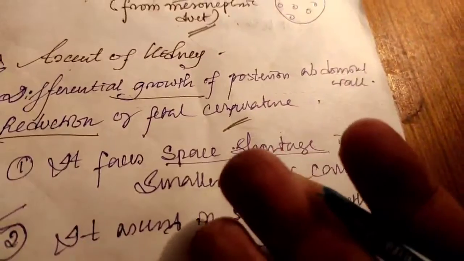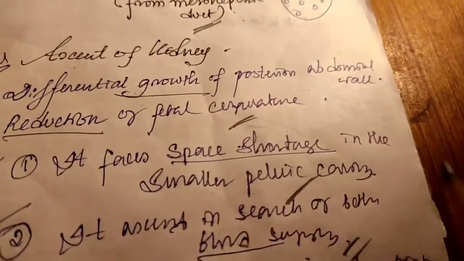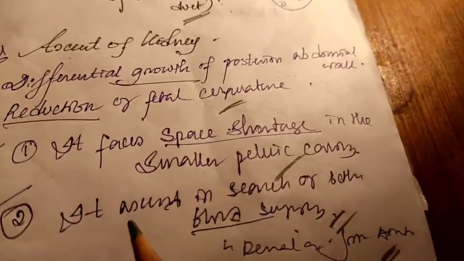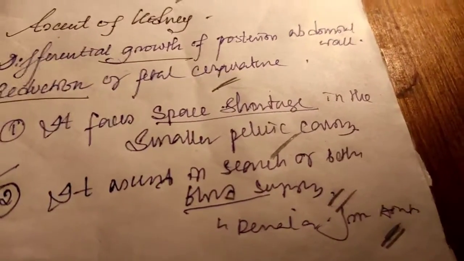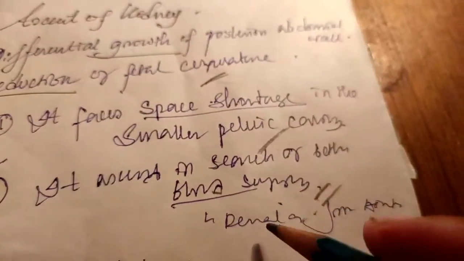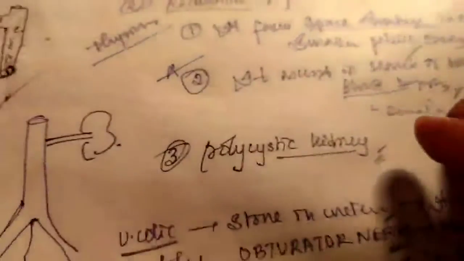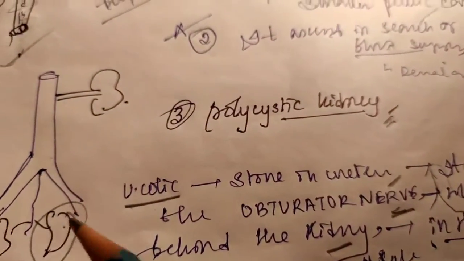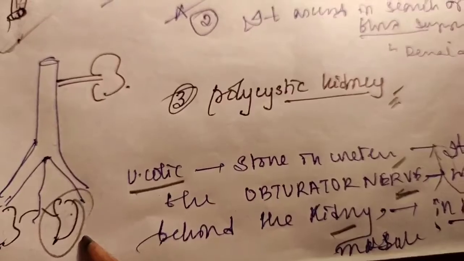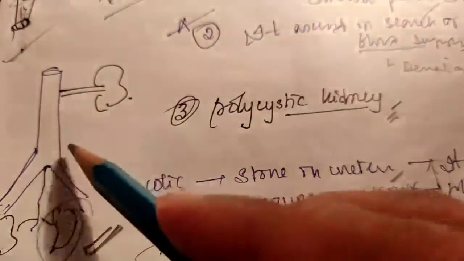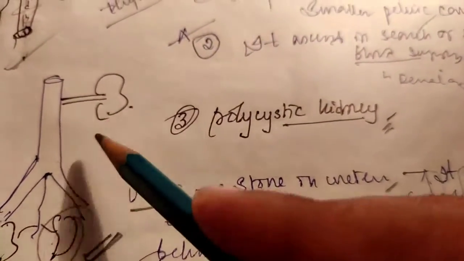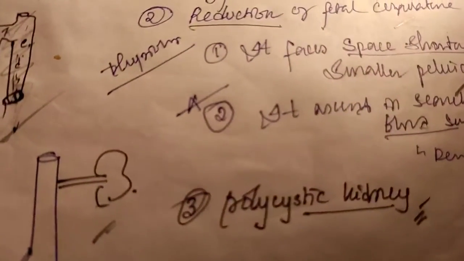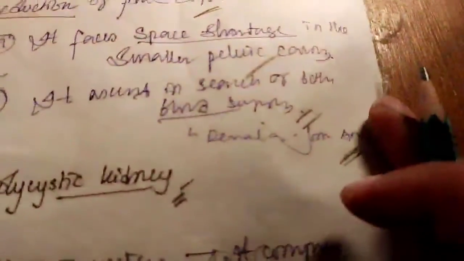The second point is less blood supply. Why? Because if the kidney is located in the lower region, blood supply will be very poor. But if the kidney ascends and comes close to the abdominal aorta, blood supply will be more. That is the normal concept.